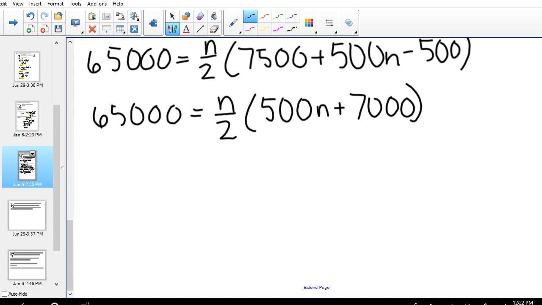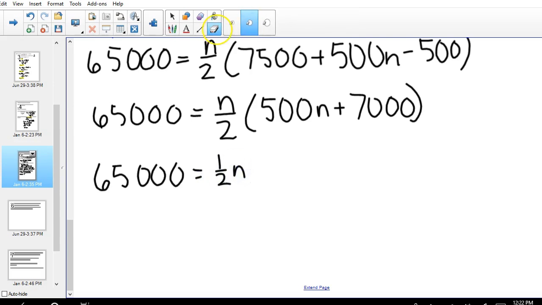Okay, what am I going to do from here? Any ideas? Let me write this a little bit differently. That n over 2 makes it kind of weird. So 65,000, this is the same as 1/2 n.